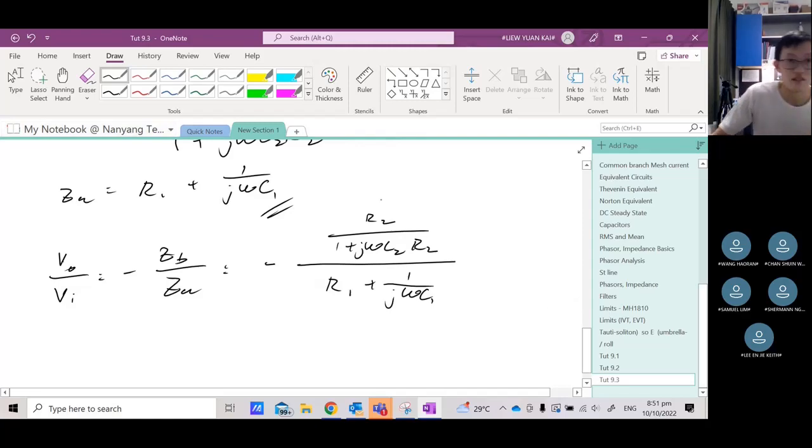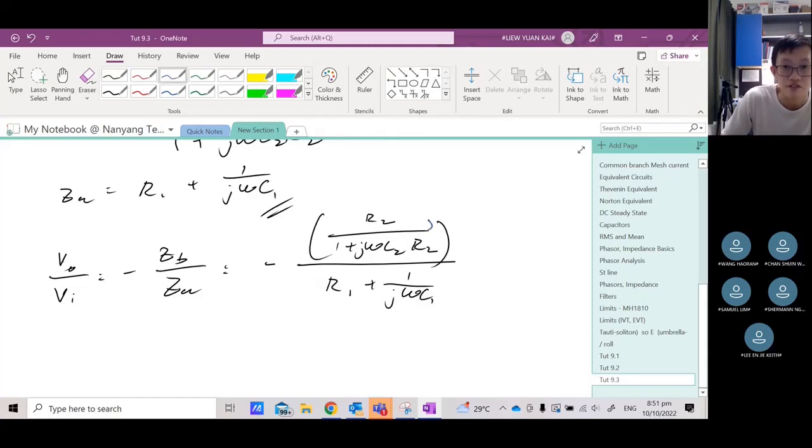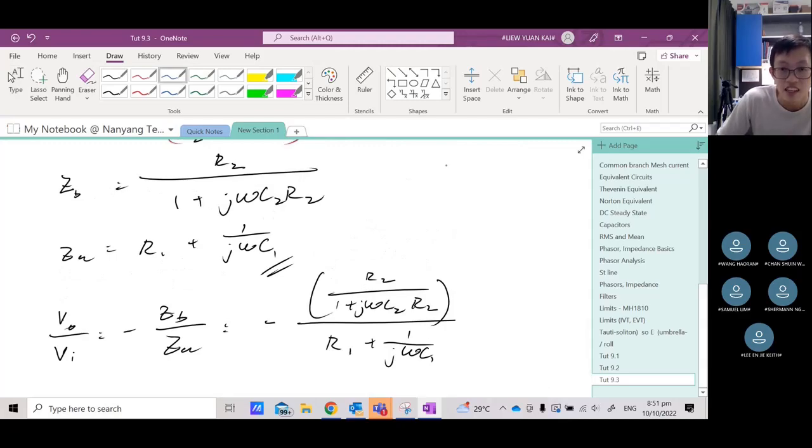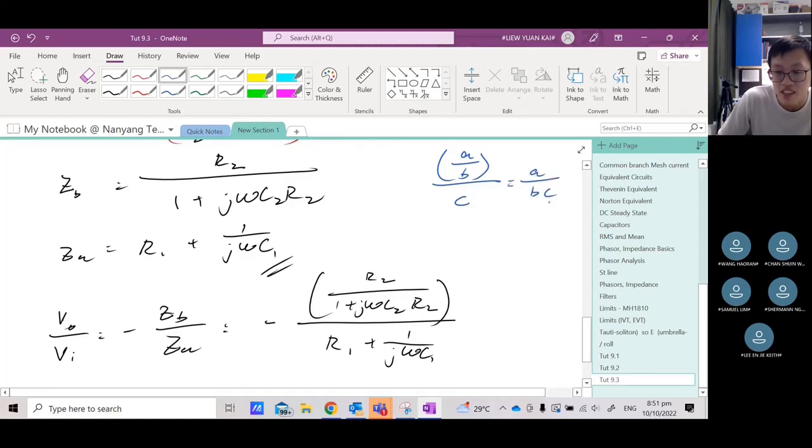Okay? So see, we have a fraction divided by something, right? So what will happen? You just take this times this, right? I hope you all know that, right? When we have a fraction like this, a over b divided by c, this will just become a over bc, right?